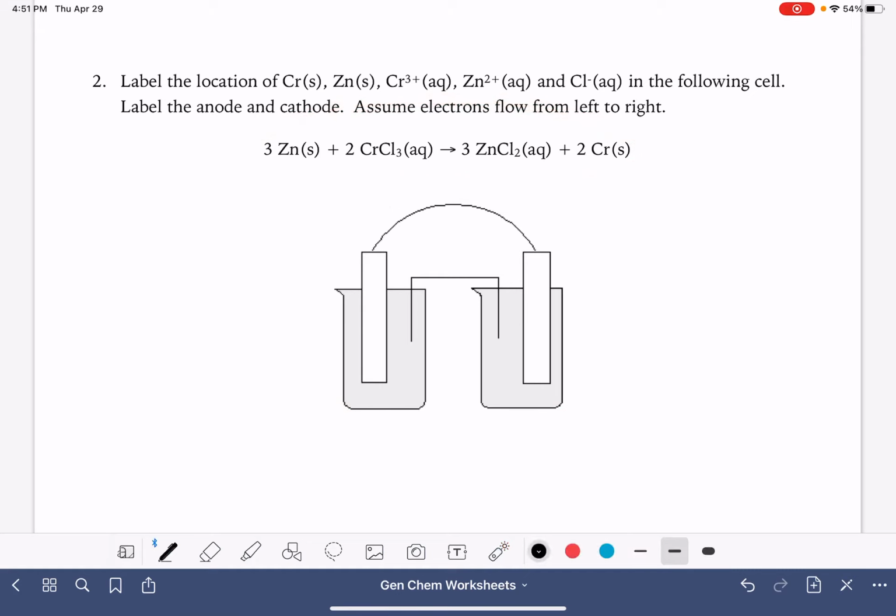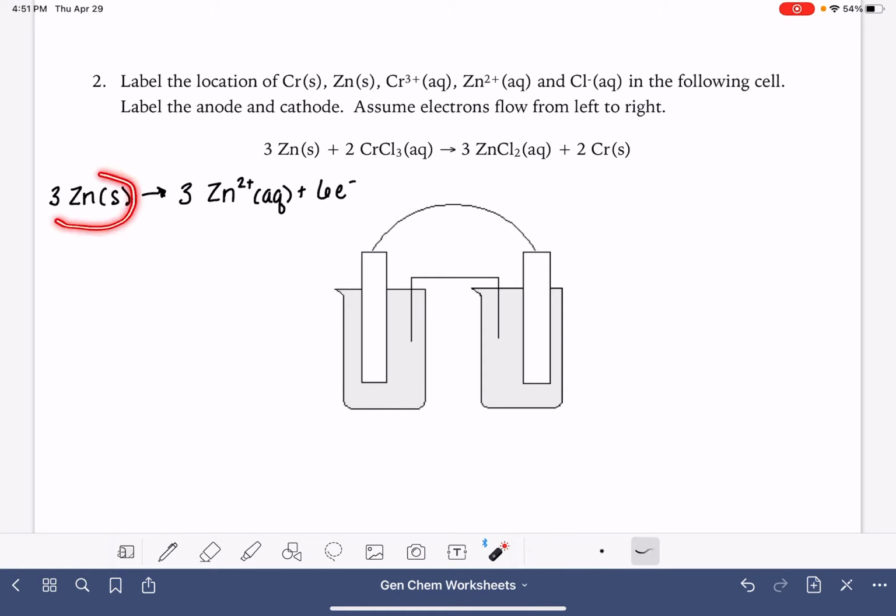First, let's think about the half reactions. We have 3 zinc solid, and they are being converted into zinc chloride, but really we just want to focus on the zinc. We're going to ignore the chloride part for now. So this is being converted into 3 Zn2+ ions aqueous, and we're going to need to be spitting out some electrons in this process.